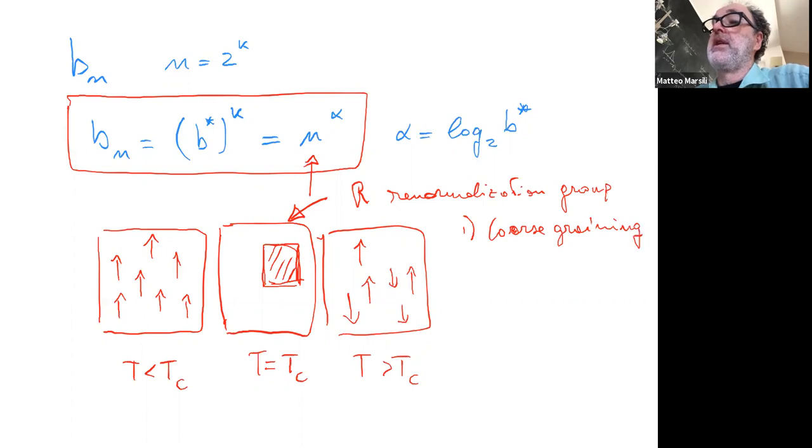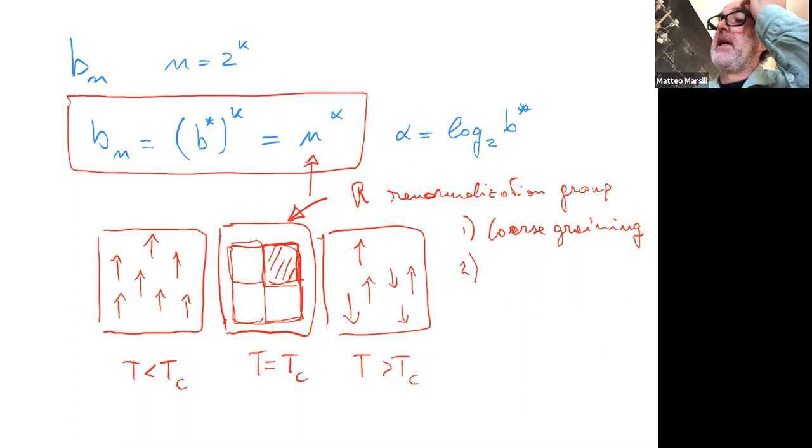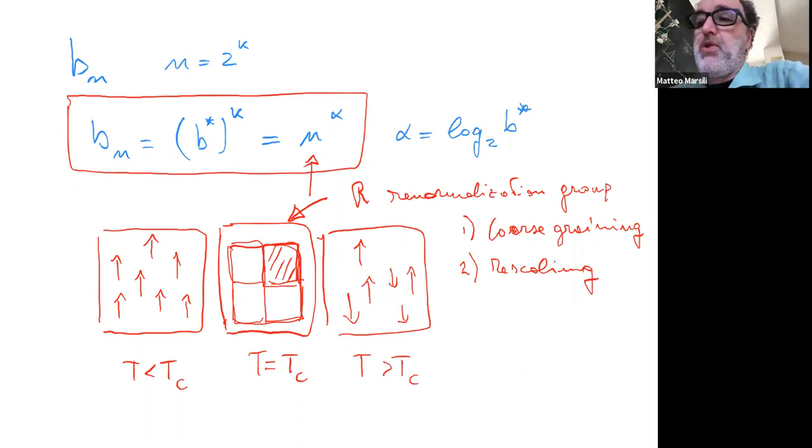And coarse graining means essentially summing together: you can get the description of a larger system by summing the description of the smaller system. And the second step is rescaling. And so the point I want to make is that the limit laws of sums of independent random variables is the simplest example of where you can see these ideas of the renormalization group at work.